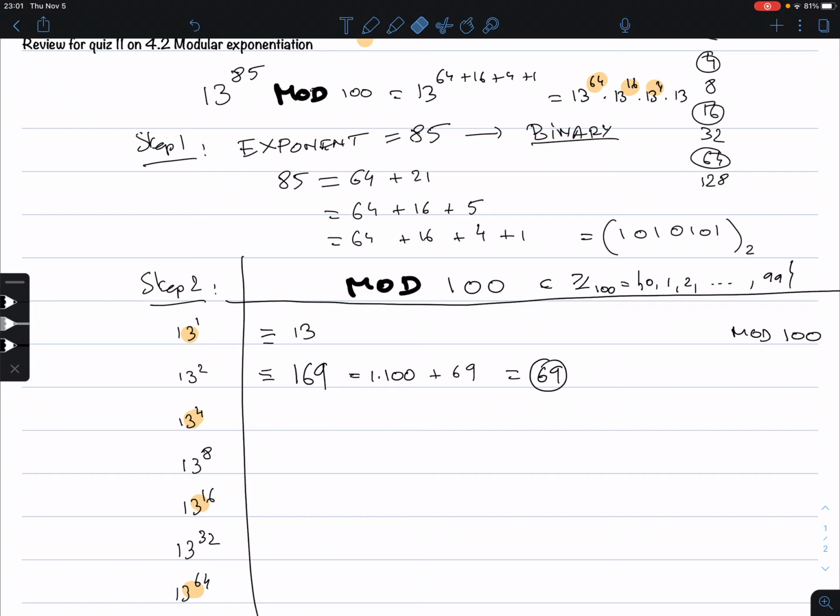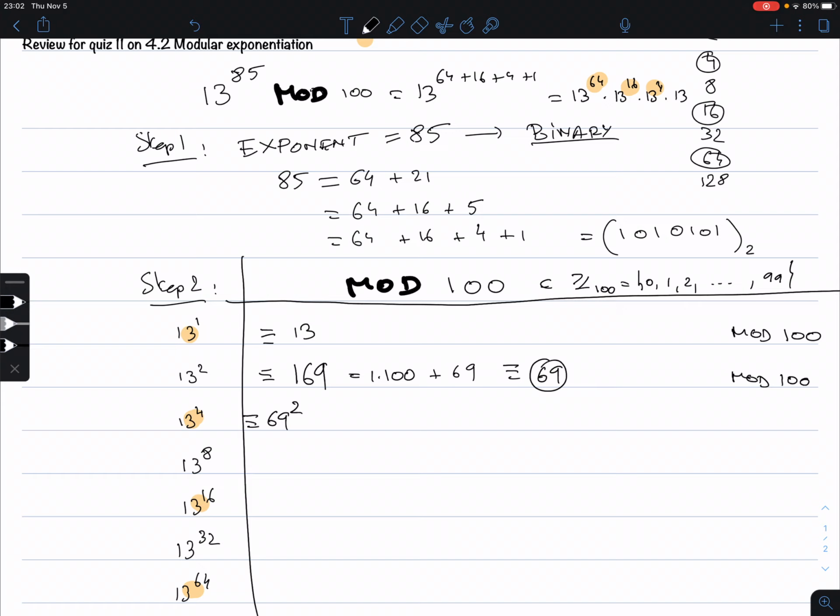The next step is that I'm now going to square that 69, because these two are equal modulo 100. I'm not always going to write the 100, it gets tedious, but since these two numbers are the same modulo 100, the squares are the same, so I can square here.